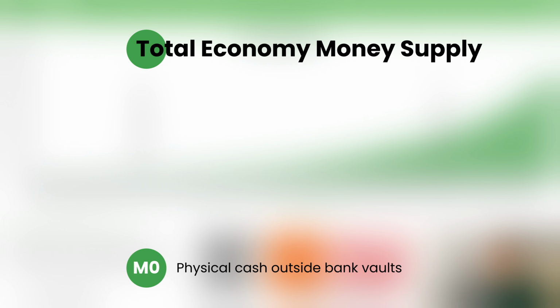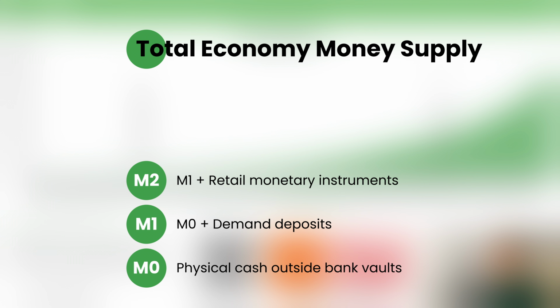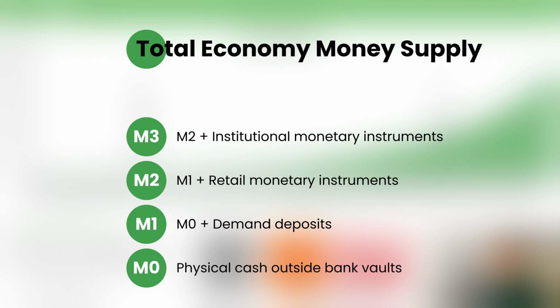vaults. M1, and remember this is cumulative here, so M1 is simply M0 plus all sight deposits or demand deposits in banks. M2 is M1 plus other retail type deposits or retail type monetary instruments. And M3 is M2 plus other institutional type deposits or institutional liquid monetary instruments.